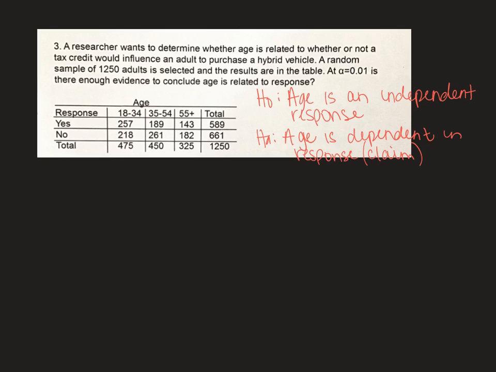So I've got 2 rows and 3 columns here. So my degree of freedom is going to end up being 2. When I look that up on my table, I go over to 0.01 and down to 2. I have a critical value of 9.210, which means my rejection region is going to be greater than 9.210. Since I didn't make this table very big, I'm not going to try to squeeze my expected values into that table.